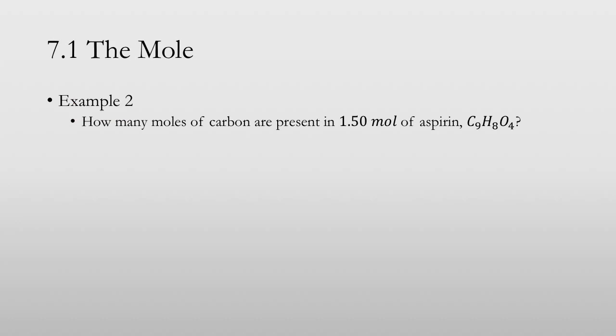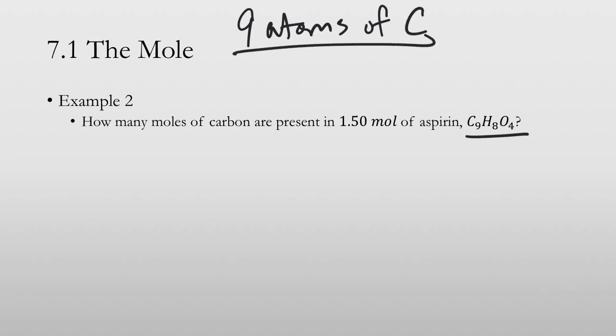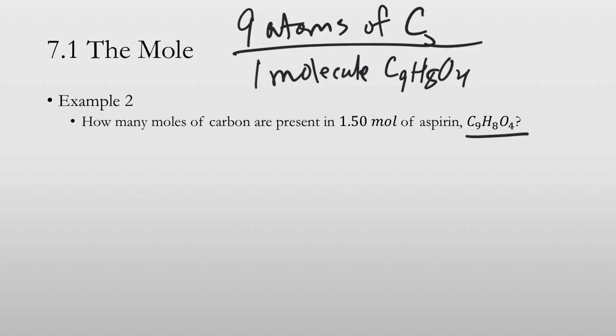Example 2, how many moles of carbon are present in 1.50 moles of aspirin? So what we can notice is in the chemical formula, there are 9 atoms of carbon per each molecule of aspirin. C9H8O4 is what we could say.